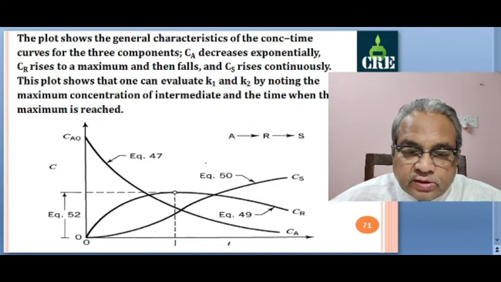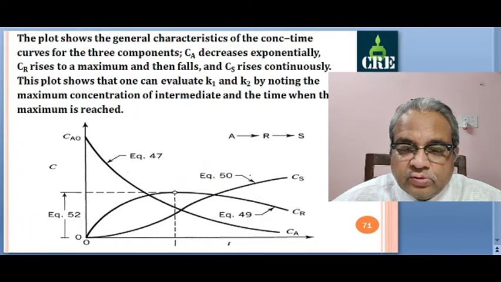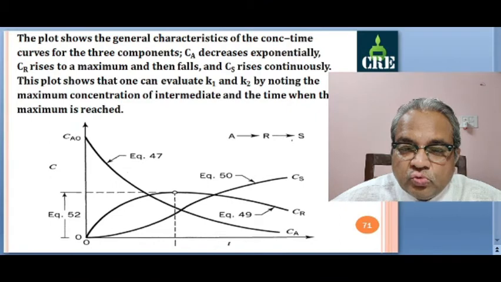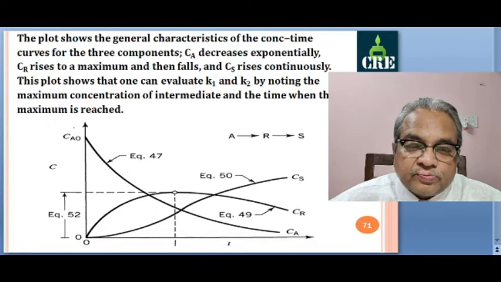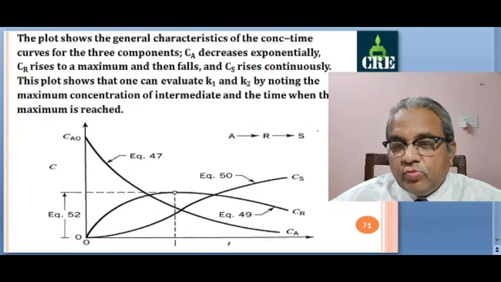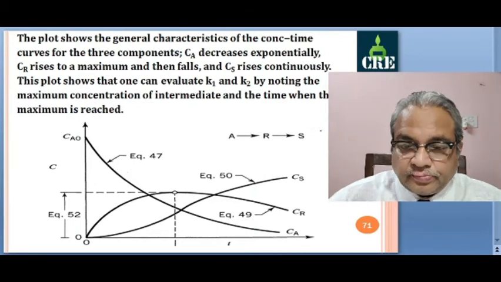At any point, as we have seen for the parallel reactions also, CA plus CR plus CS is always equal to CA0. The stoichiometry is 1:1:1, so whatever R or S is formed, it is formed because of consumption of A. So A converted to R, R converted to S.